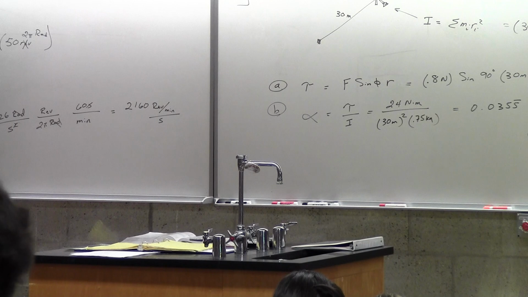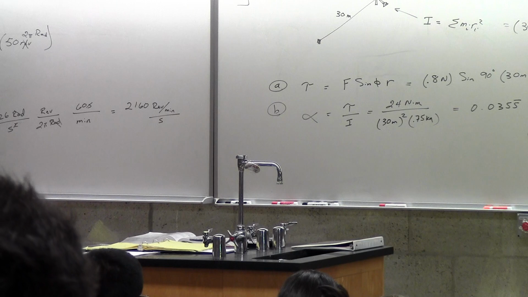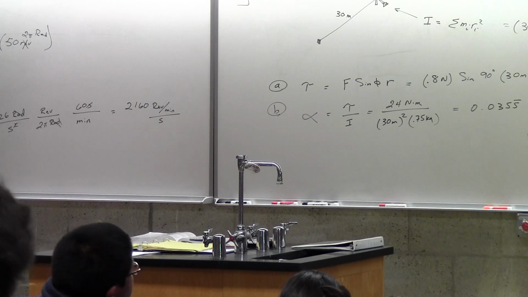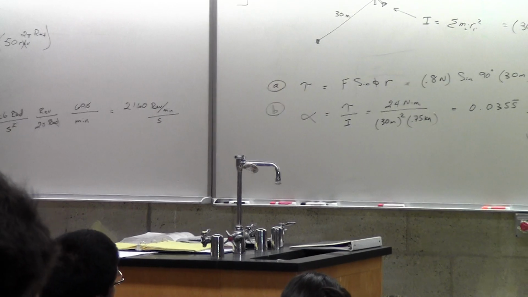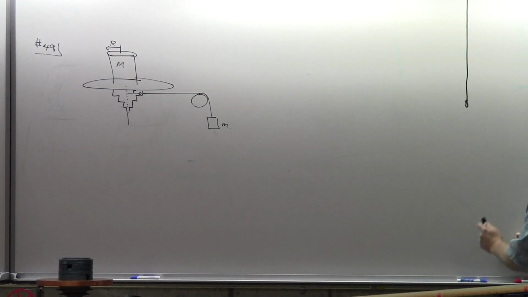This then becomes the rotational axis, little r, not to be confused with capital R, which is the radius of the object on top. So let's do a free body diagram for this rotating object.